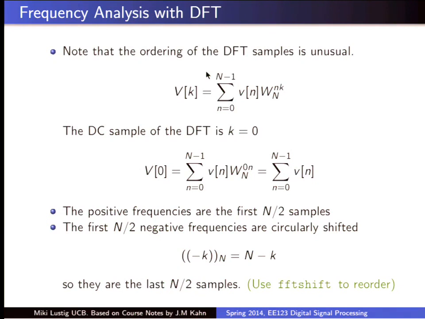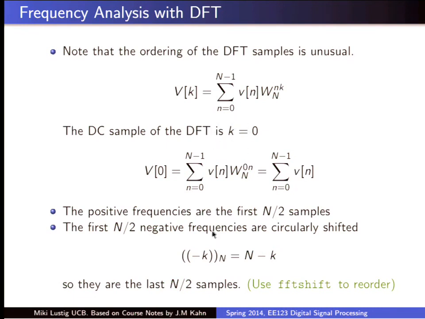When we look at signals, normally we look at 0 in the middle, because minus infinity to plus infinity, 0 in the middle. When we look at frequencies, we look at minus pi to pi with 0 in the middle. This is not the case for the DFT. People have chosen it to start from 0 to n. So that's a little bit different.